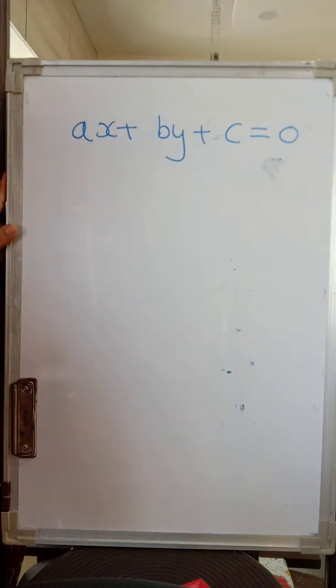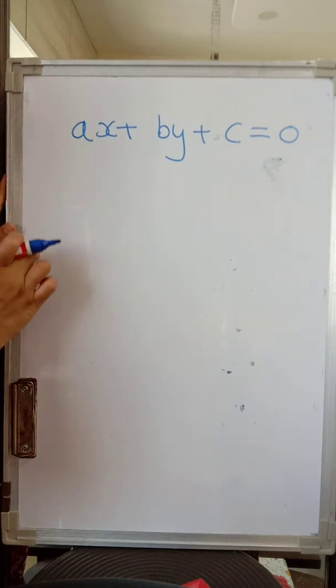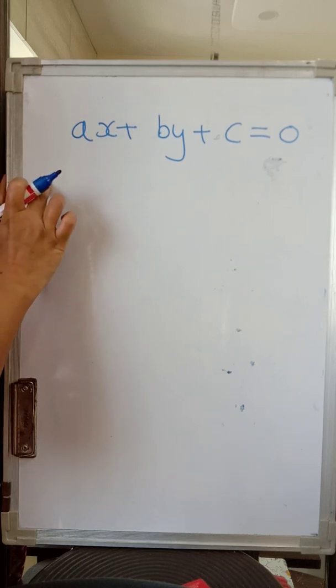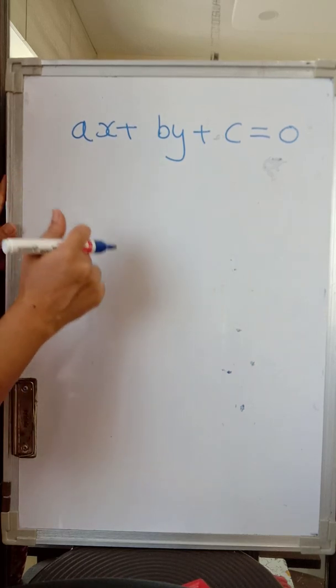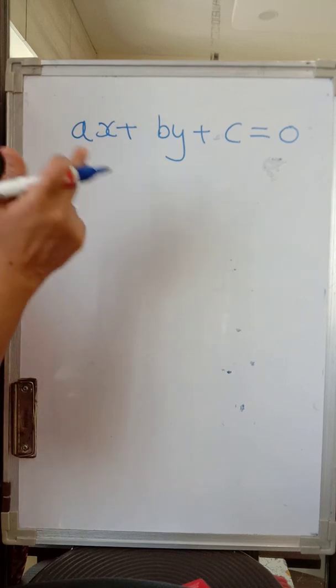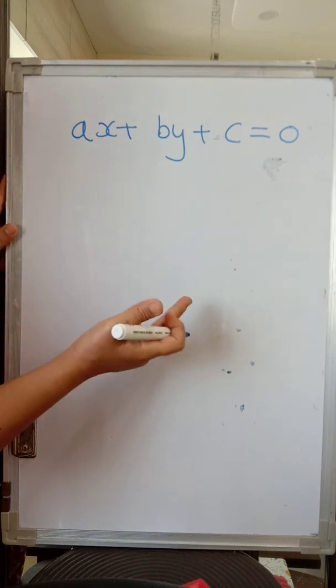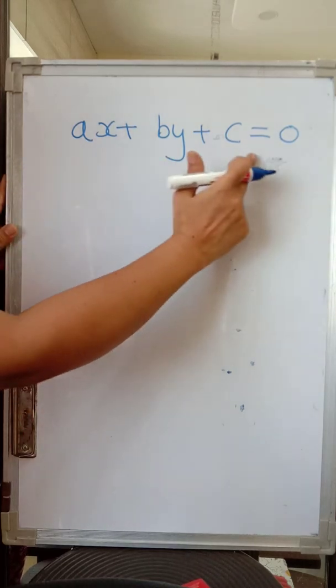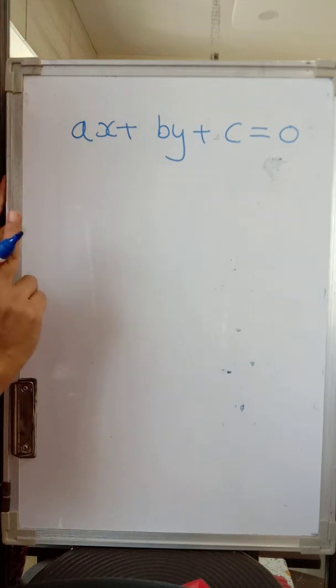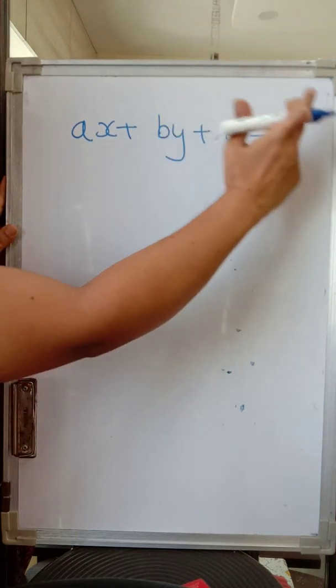But while writing two simultaneous equations, or two linear equations in two variables, and if we want to solve them by Cramer's rule, then this arrangement is not used. Please keep that well in mind. We have to take this c to the other side.